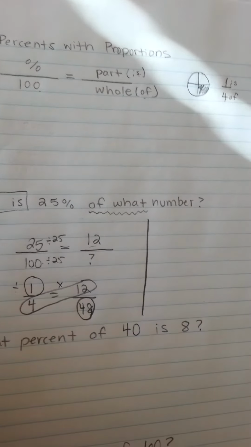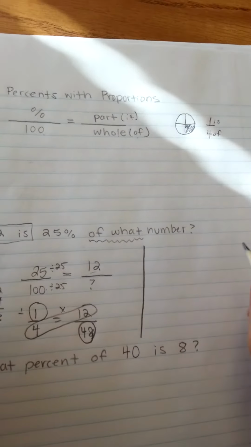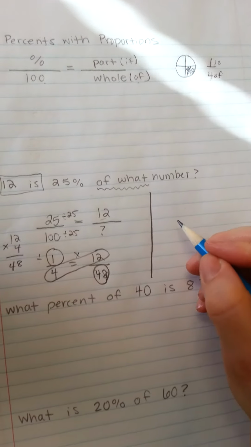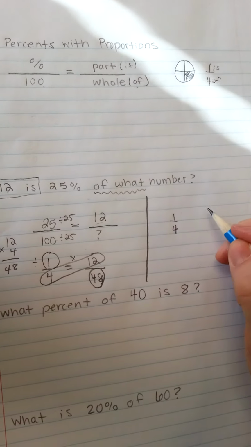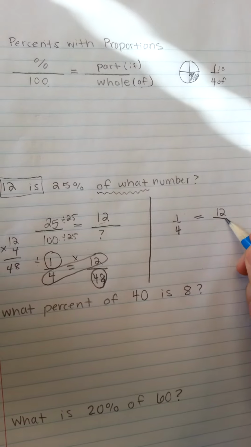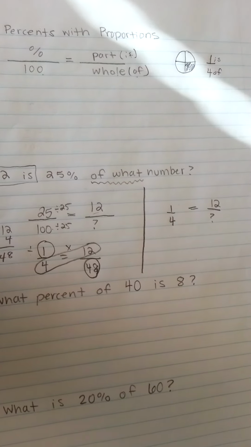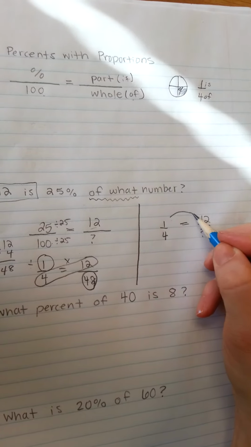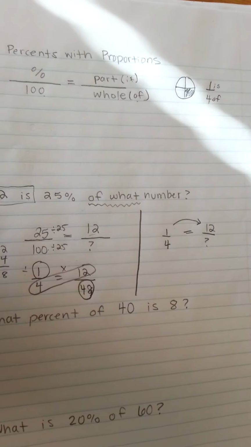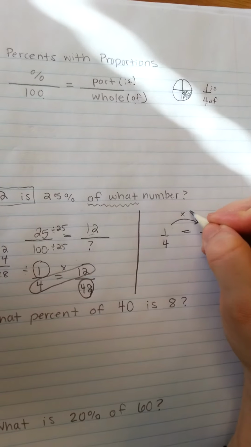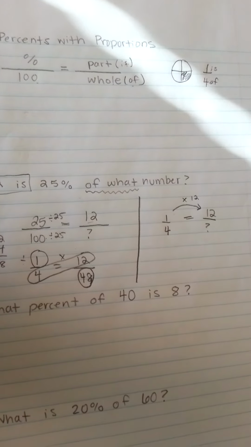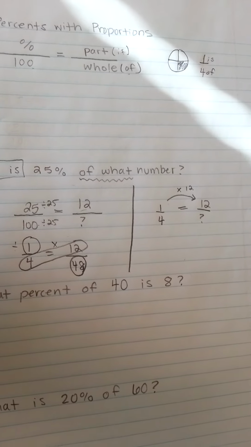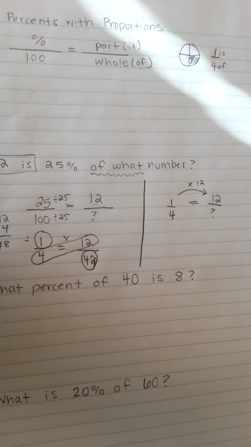Now, the next thing that I'm going to point out is the other way you could have solved this. Once you simplified to 1/4 is equal to 12 over your question mark, you could say, how did you get from 1 to 12? Well, you multiplied by 12. If you did that in the numerator, in order to keep them equivalent, you would need to do that in the denominator as well.